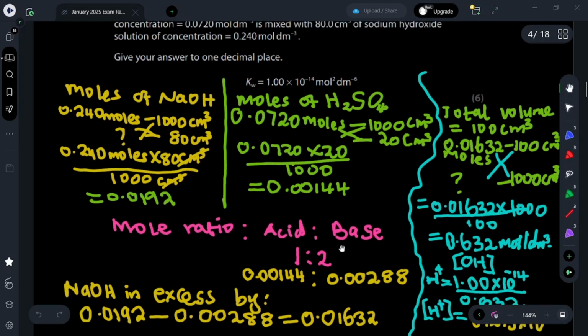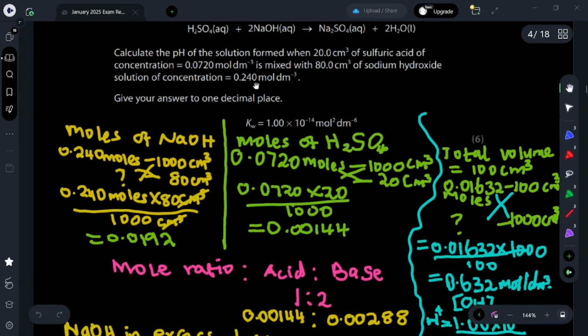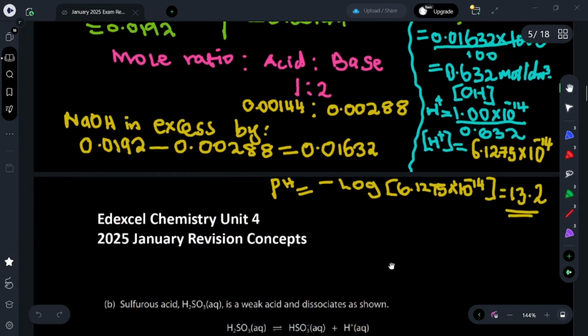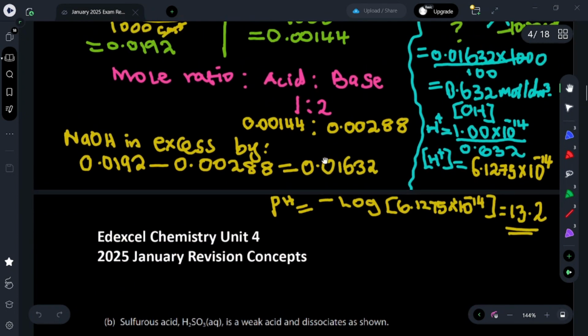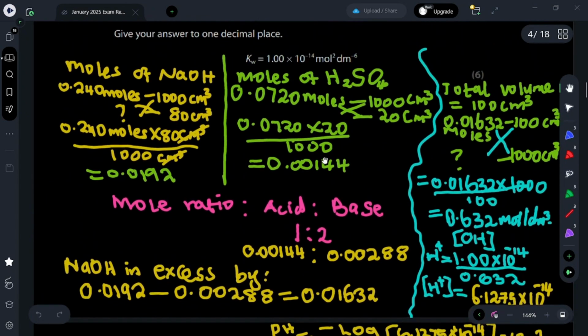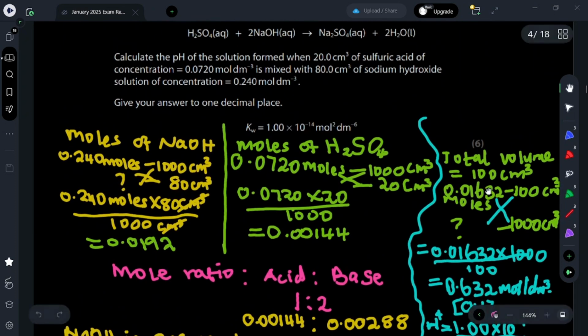Remember, after mixing a volume of 20 centimeters cubed and 80 centimeters cubed, now we got a new total volume, which is 100 centimeters cubed. So, having the moles of the base now in the solution after the reaction, which is 0.01632 moles, in 100 centimeters cubed that we have now, we can get the concentration.